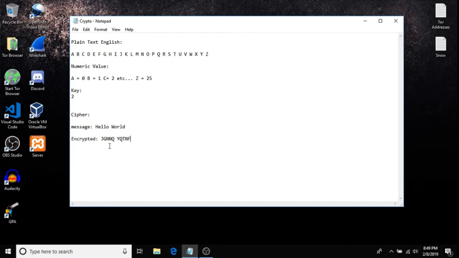Now, the problem about Caesar cipher and using simple numbers as your keys to encrypt a message is that once you break one, you can essentially discover all of the rest. This is what is known as a letter frequency, or even a numeric to letter frequency.